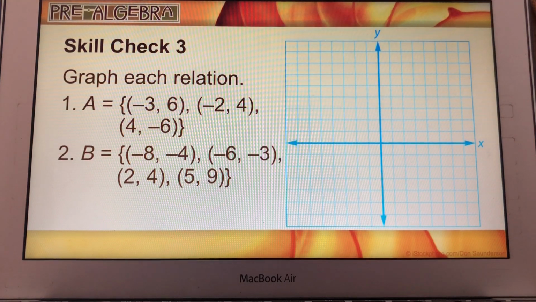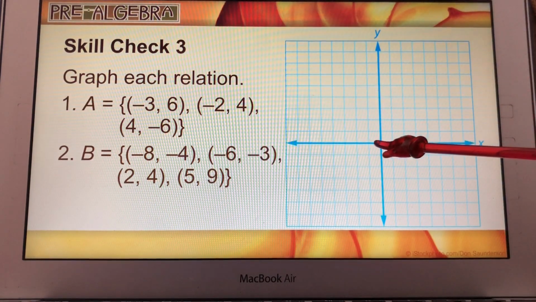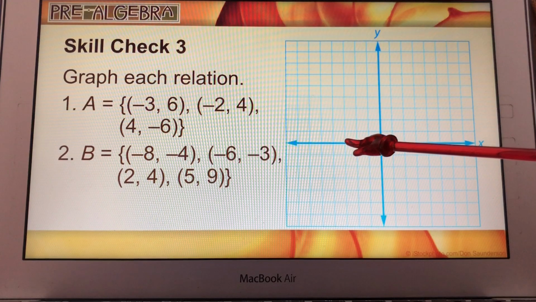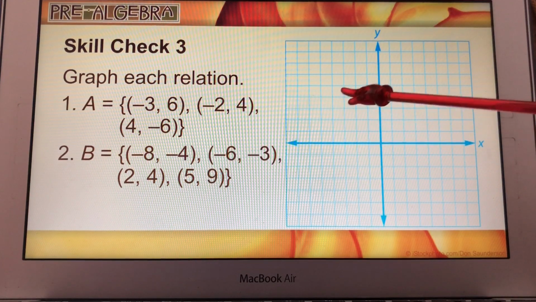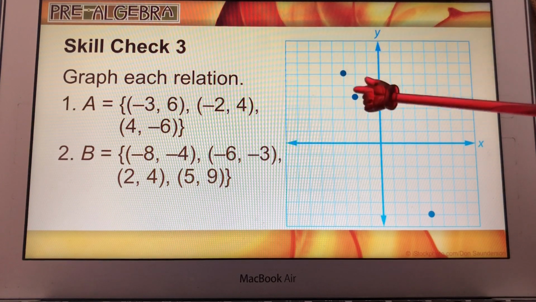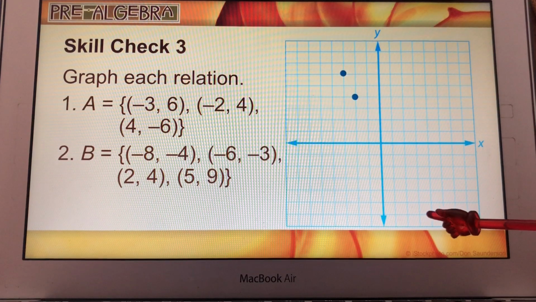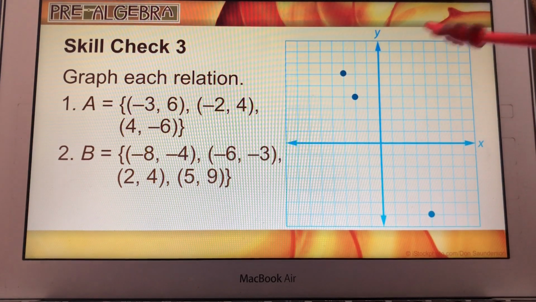Okay, now it says graph each of these relations. So for A, very simply, just plot -3, 6 and 2, 4, and then 4, -6.